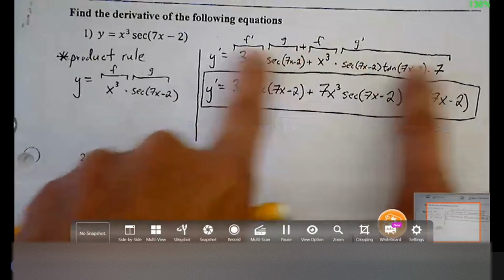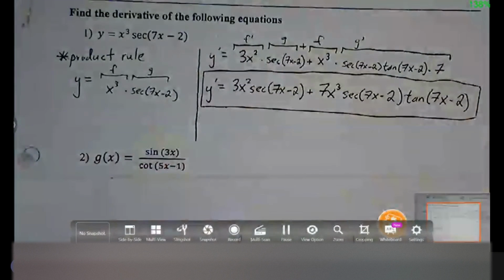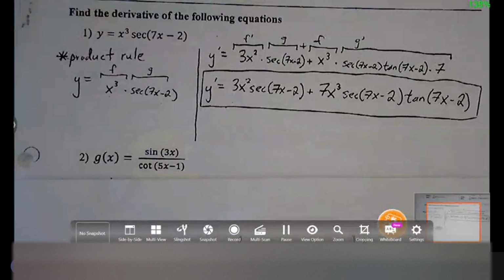Okay, you can leave it in this form. I'm just pushing the coefficients out in front. That's my preference, but any version of y prime is good.